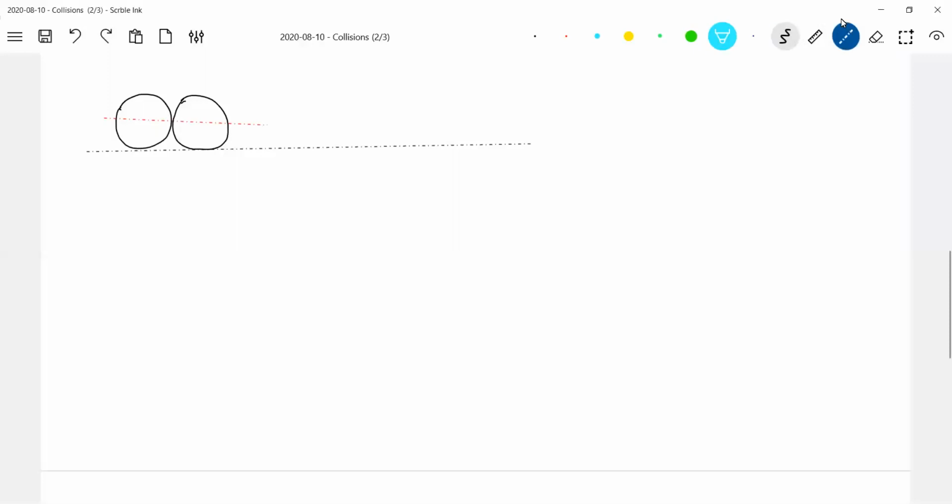I'll draw a common tangent. Then perpendicular to the common tangent is what? The common normal. And in what direction will the normal contact force act? The normal contact force will act in the direction of the common normal. So this is the common normal.